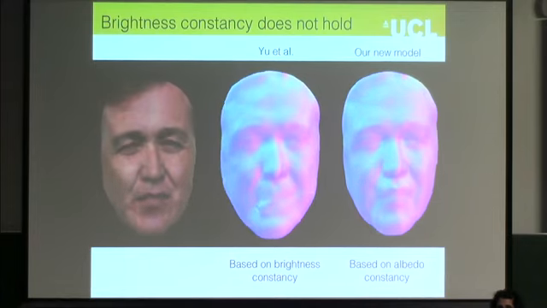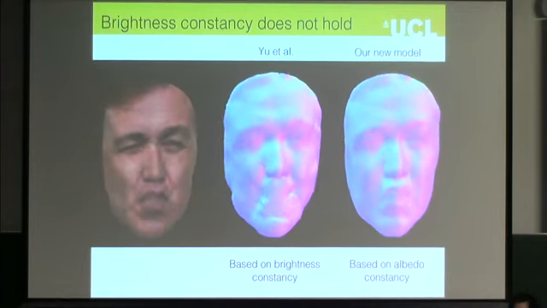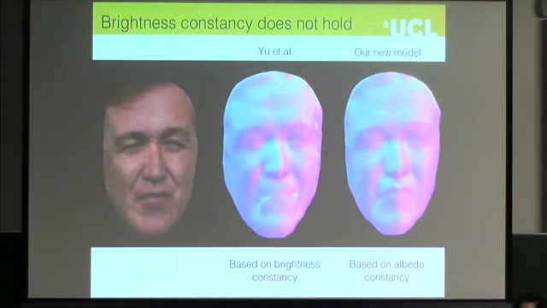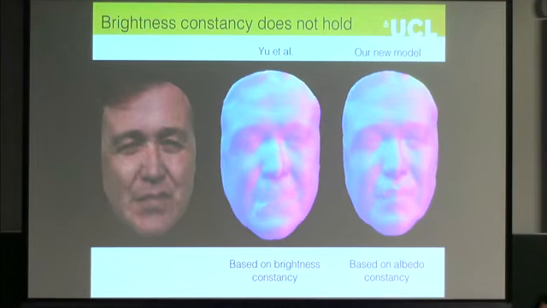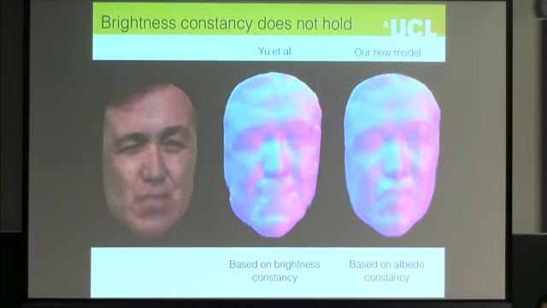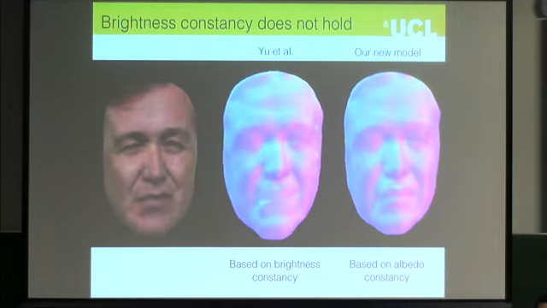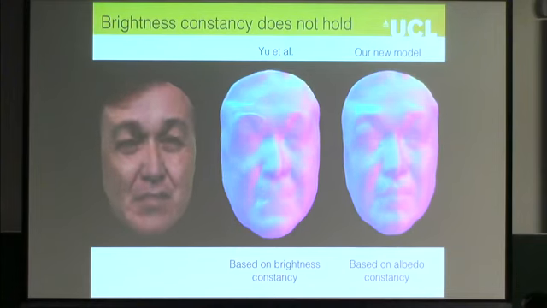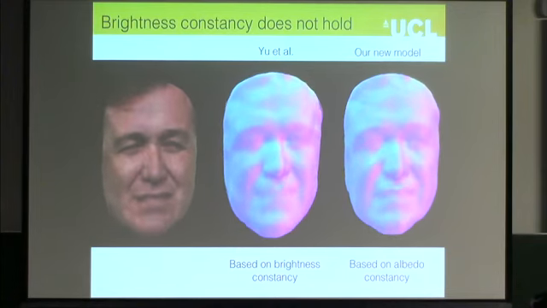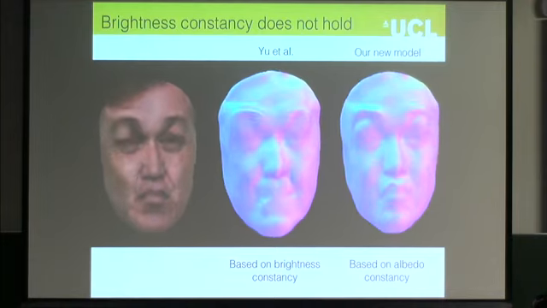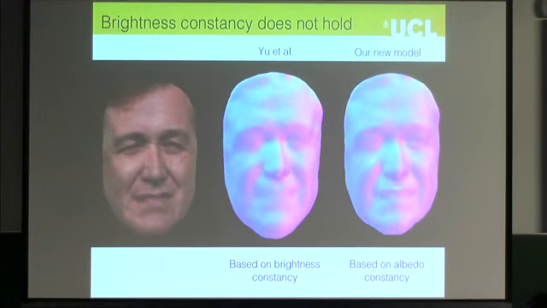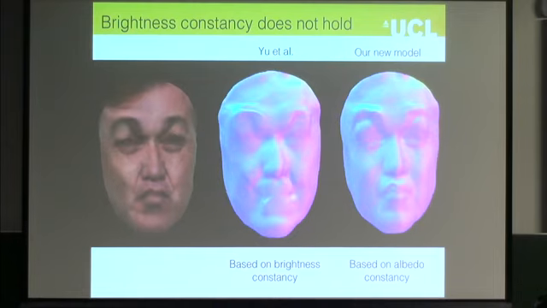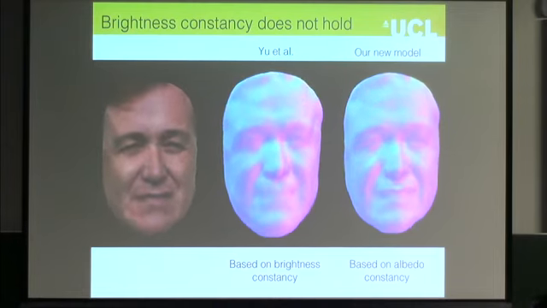Because we are allowing the illumination coefficients to change over time and we're recovering the interaction of the illumination with the normals, we can solve also for these shading effects that allow us to recover these very nice reconstructions, especially where we have strong deformations. So this is the result of the new method, and this is the result of the old method.